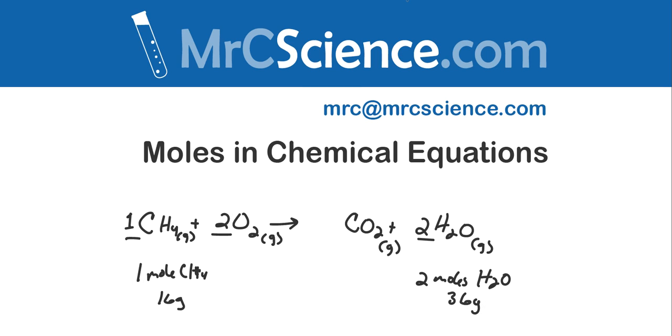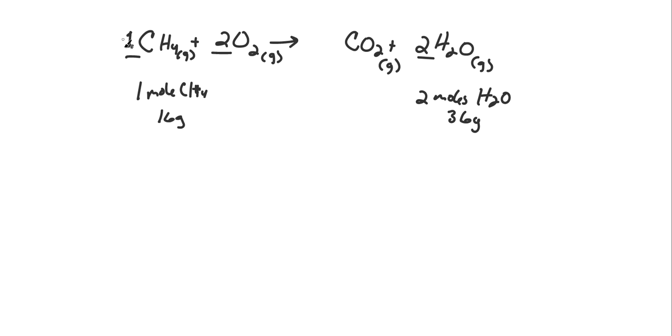Let's try something a little different. What if we started out with 2 moles of methane? This gets a little more complex, but really not that hard. Start with what you know. We got 2 moles of methane. How many moles of water would we get? We'll put that over 1. And now we're going to use a ratio. We know that 1 mole of methane makes 2 moles of water, right?